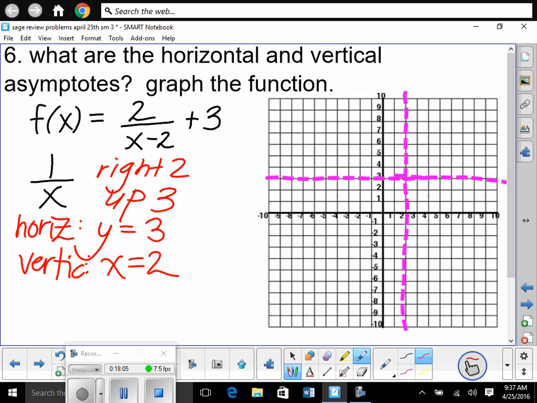So now we would graph the function. Let's say you didn't know what the function looks like. Type it into your calculator. Let's all do that. Go y equals, type in 2 divided by x minus 2. And you'll have to be careful you type this in correctly. So I'm going to do parentheses, 2 divided by x minus 2. I'm going to close my parentheses, then plus 3.